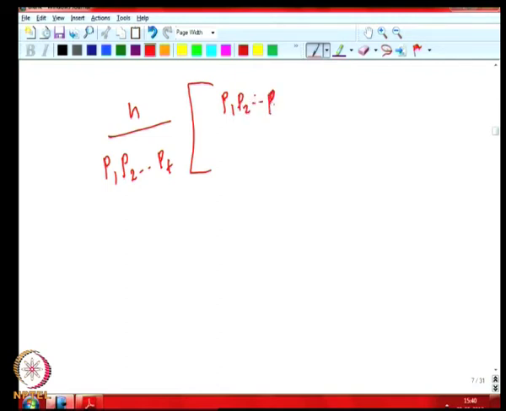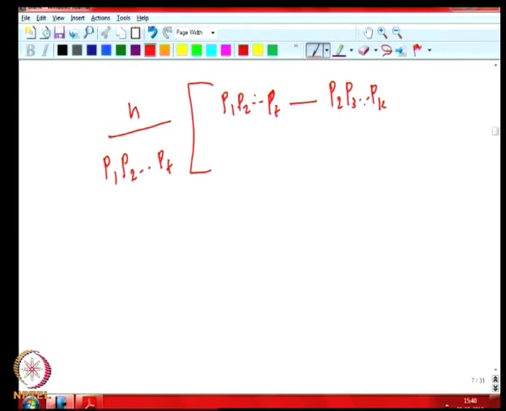pt, right. The second term will be some terms of this form, p1 will be omitted first, p2 p3, maybe I can write it fully. So what we can do is, first p2 p3 up to pk.